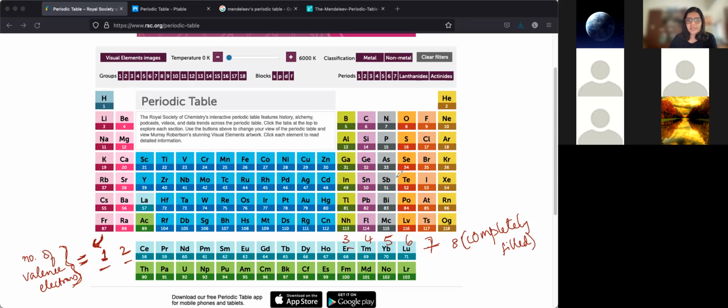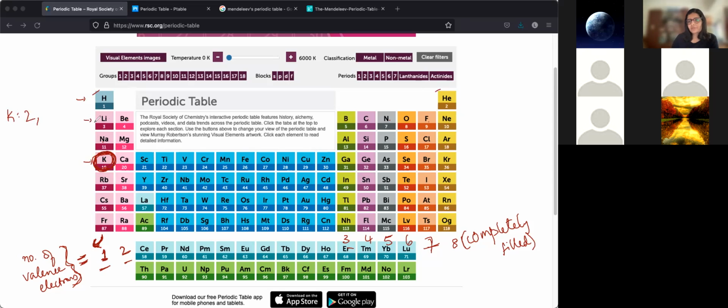For example, if I were to find the electronic configuration for potassium, which is over here, start from 1. In the first period, how many elements do we have? Two elements.